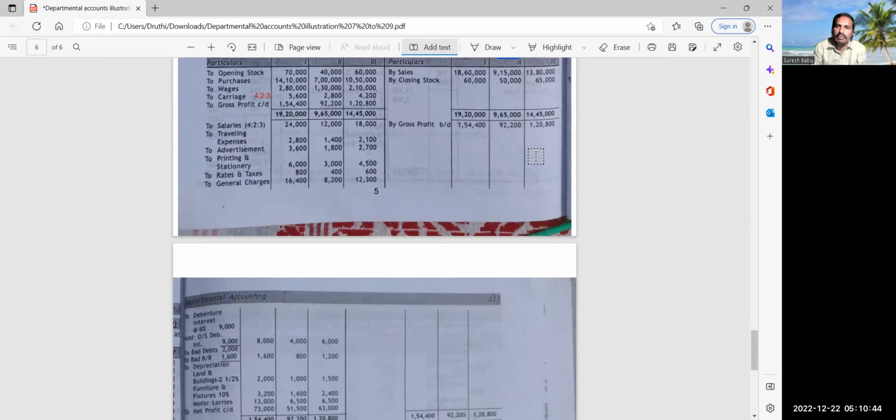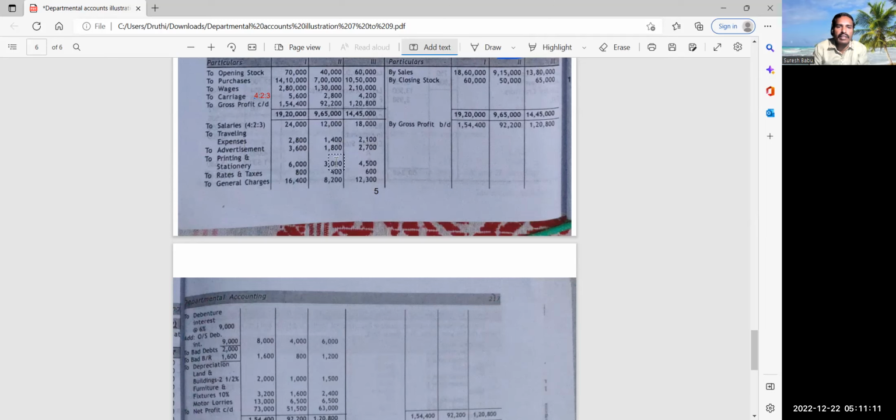All the expenses have to be apportioned in the proportion of 4:2:3. Correct? So now salaries, they have mentioned 4:2:3. Simple. So 24,000, 12,000, 18,000. The total you know; the total column has not been put in, so you have to. Then traveling expenses, same ratio: 2,800, 1,400, 2,000.